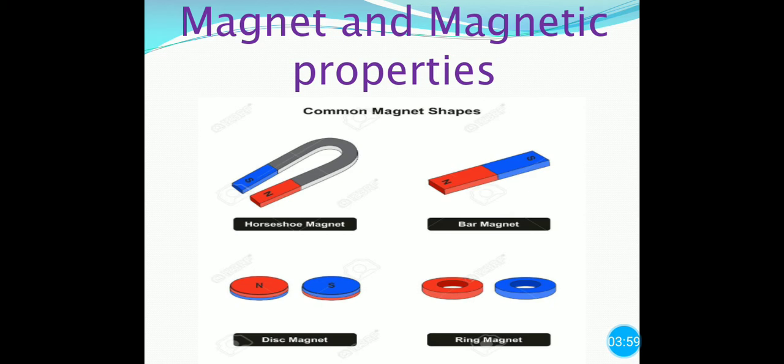Okay, students, you know there are two poles or ends of a magnet, that is the north pole and the south pole. Like poles always repel each other and unlike poles always attract each other.